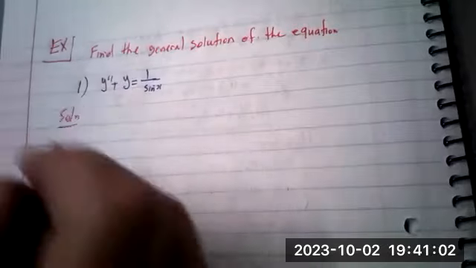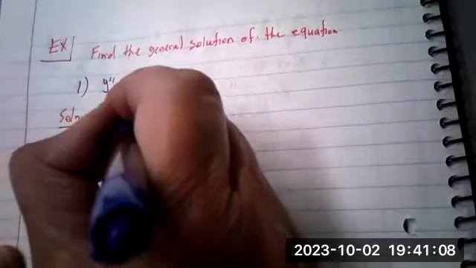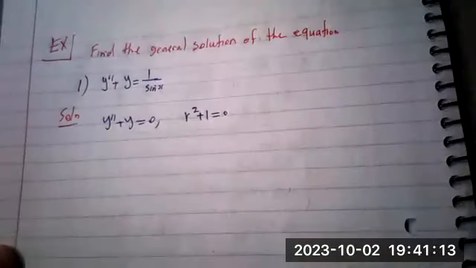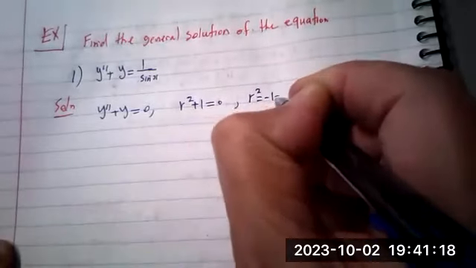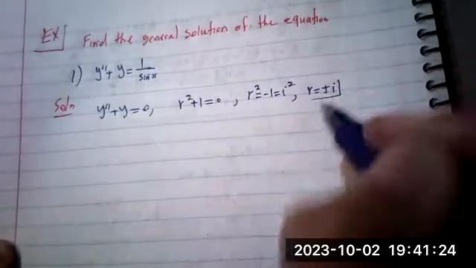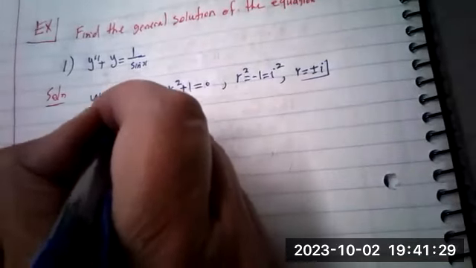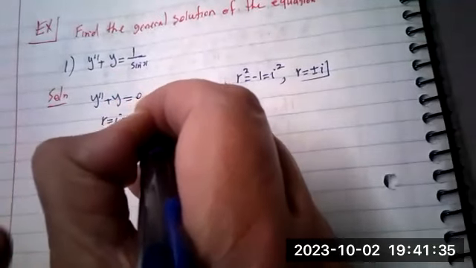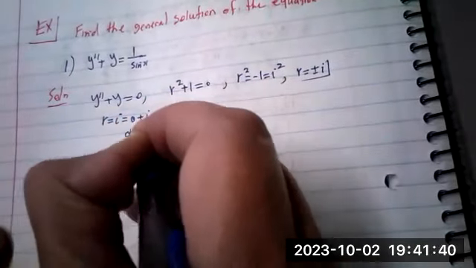Check the homogeneous one first. y'' + y = 0. That gives r squared + 1 = 0. Solve the equation: r squared equals -1, which is i squared, so r is plus or minus i. Take r = i, which is 0 + i, so alpha plus beta i: alpha is 0, beta is 1.